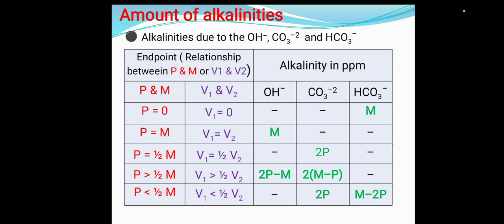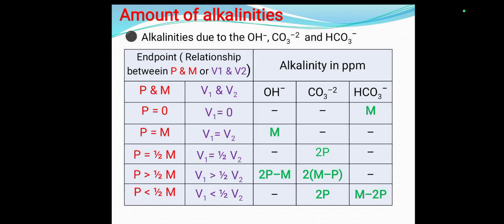If you know the value of p and the value of yum, by comparing their values, you can find out the relationship. Once you get the relationship, for example, the value of p is equal to the value of yum.